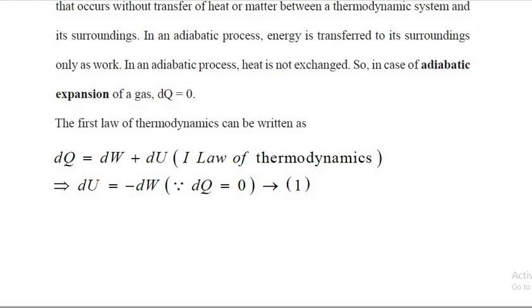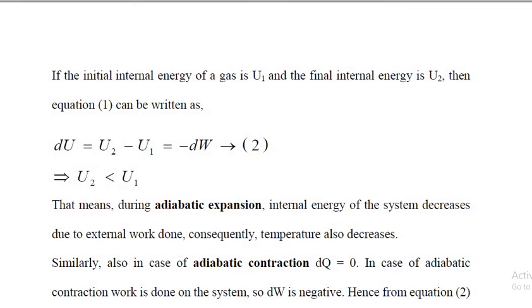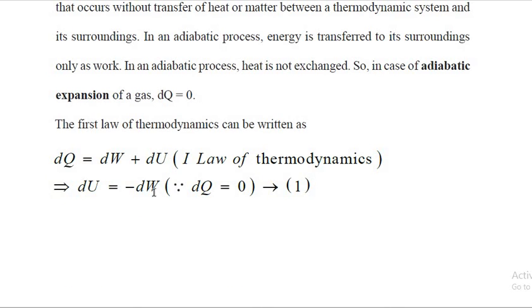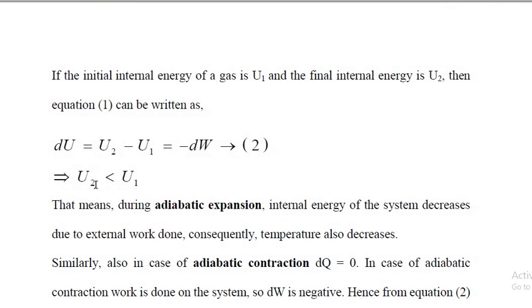That is, if the initial internal energy of the gas is U1 and the final internal energy of the gas is U2, then equation 1 can be written as, instead of du we can write U2 minus U1 is equal to minus dw.